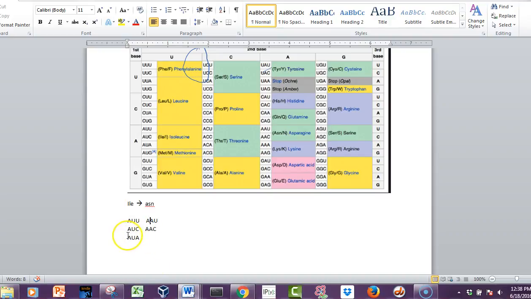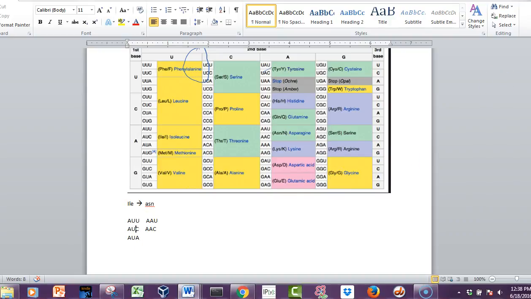If we took AUC and changed that middle U to an A, we would change it. If we took AUA, we can't really change that with just one change. But yes, all of those things, just one letter change can change one amino acid to another.